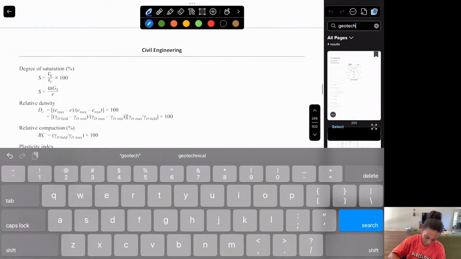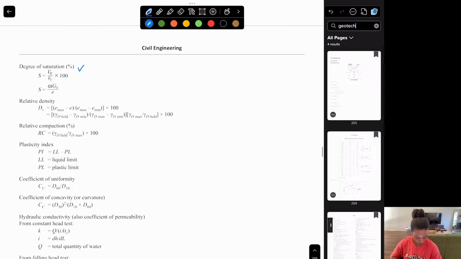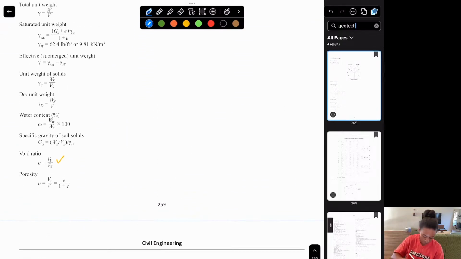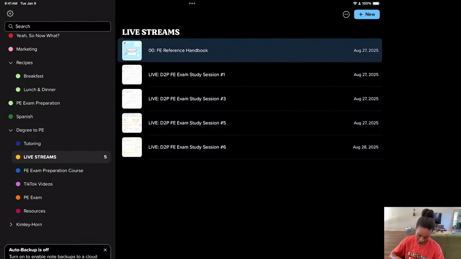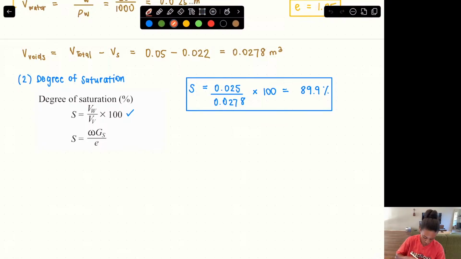Okay, so we just found the degree of saturation. Now we are trying to find the moisture or the water content. So that equation is given right here. I already used blue, so I guess I'm going to use orange. So let me copy, paste it back here. So 3, we're trying to find the water content.